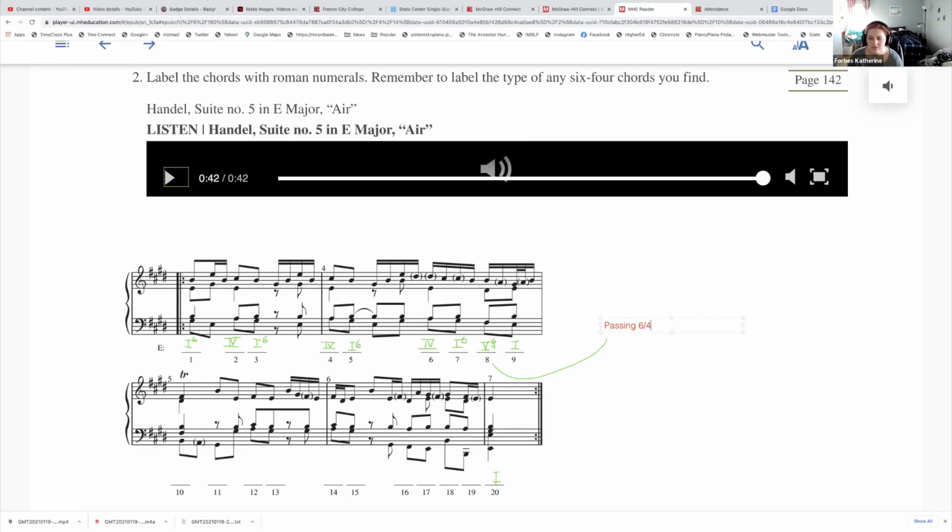Is that what you're getting at? Correct. Because of the non-chordal tone, the A. If you include what they're calling a non-chord tone, yeah, it will change it.